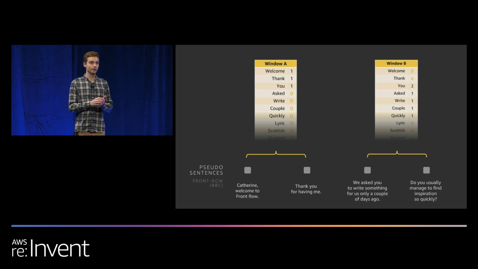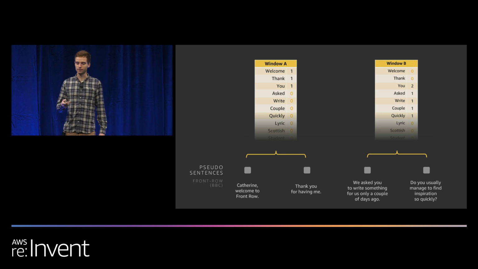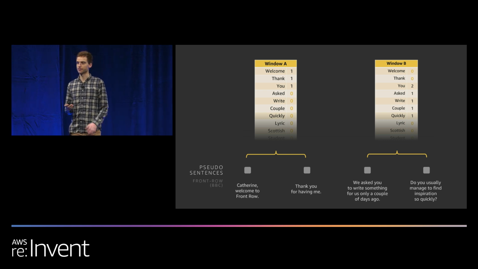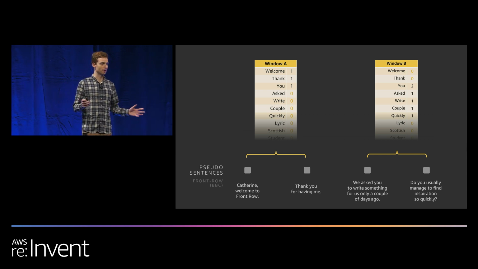So this leads to a really sparse representation. We have many, many more 0 features than non-zero features. And it makes the comparisons between 2 blocks of pseudo-sentences really hard and sometimes pretty meaningless because you have the curse of dimensionality. We've got too many features and they're very, very sparse.